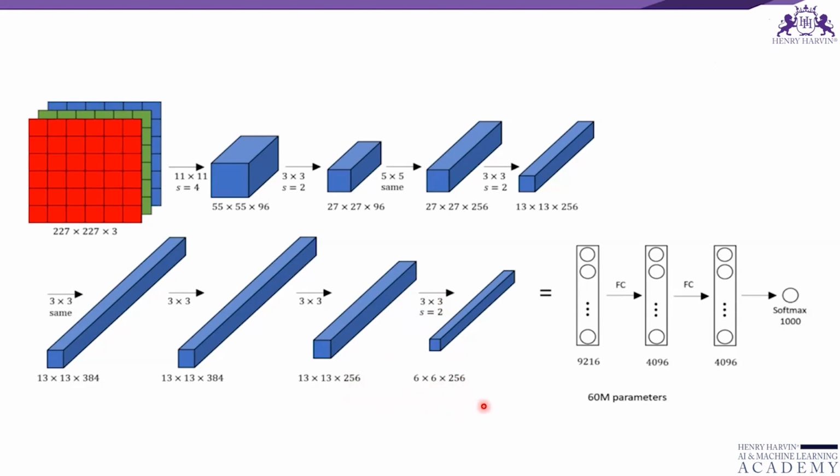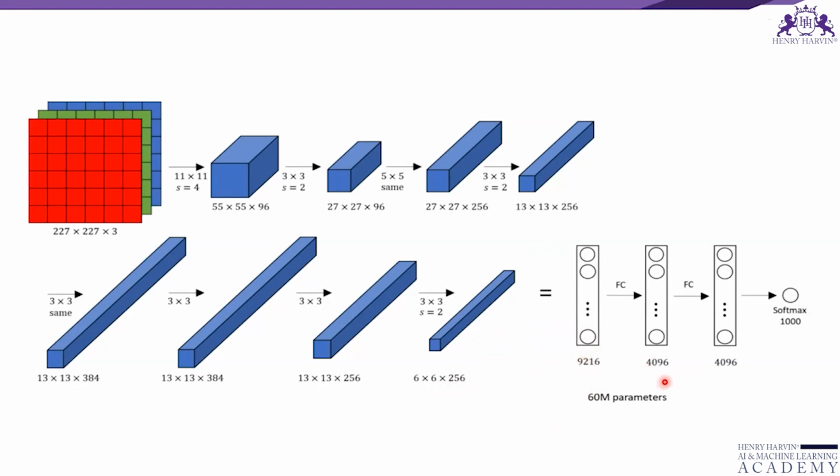Now we have a fully connected layer, which is the same as a multi-layer perceptron, right? We have seen about the multi-layer perceptron. The first two fully connected layers have 4096 nodes each, right? Because if you multiply 6 into 6 into 256, you'll get 9216. So after all this, we are getting 9216 nodes of features, and each of these nodes is connected to each of the nodes in this fully connected layer.